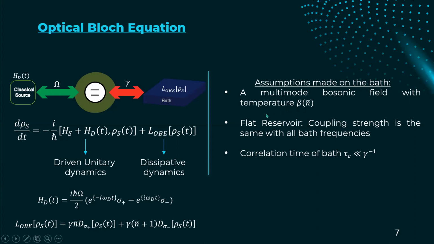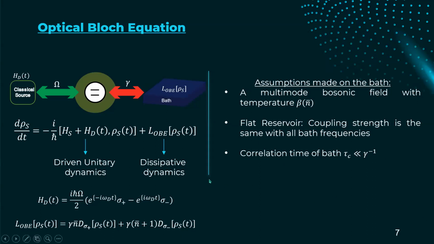It's a flat reservoir. That means the coupling strength is the same with all bath frequencies. And the very important point here is the correlation time of the bath, tau c, is much lesser than the time scale of the qubit population in the excited state, the gamma inverse.